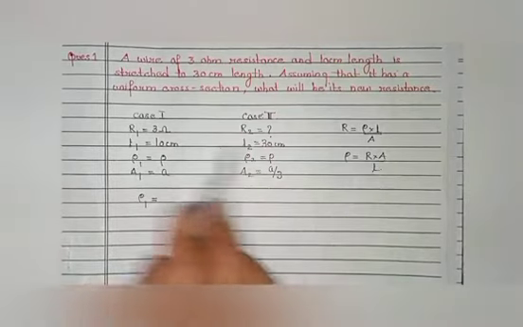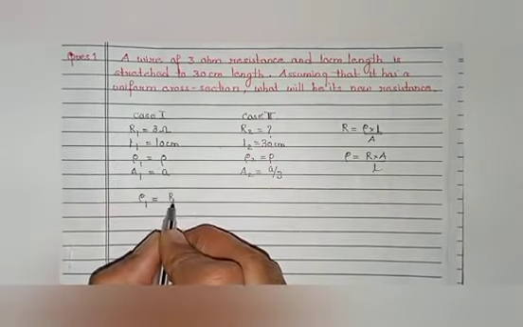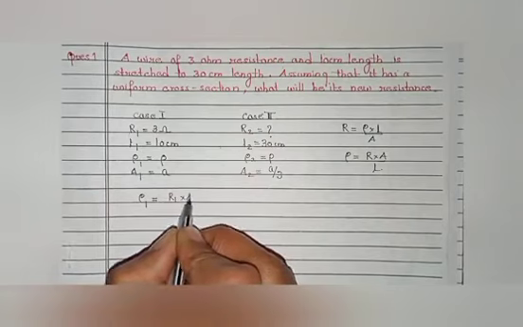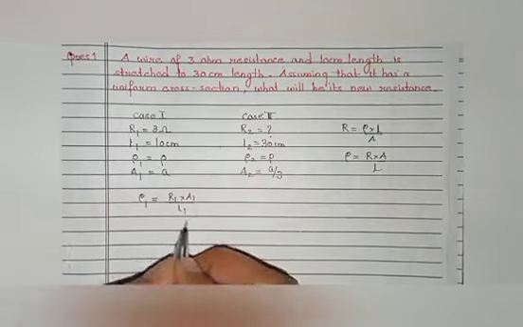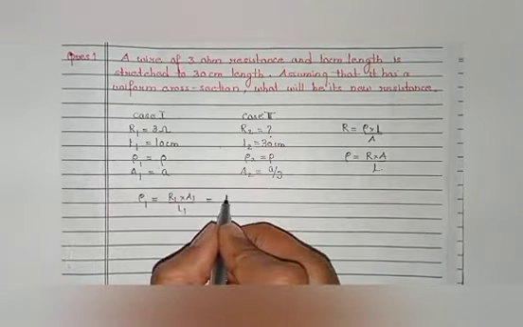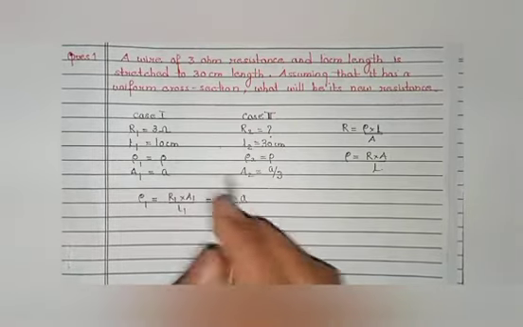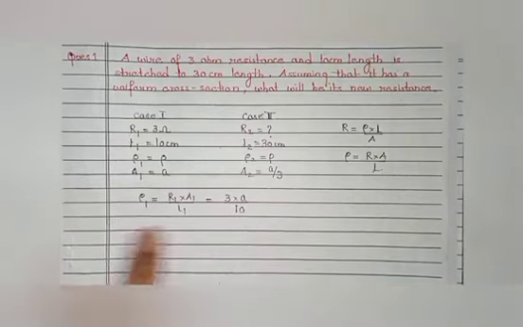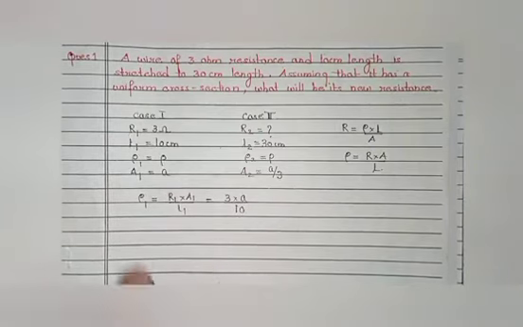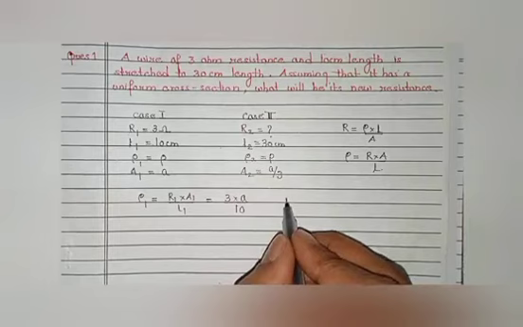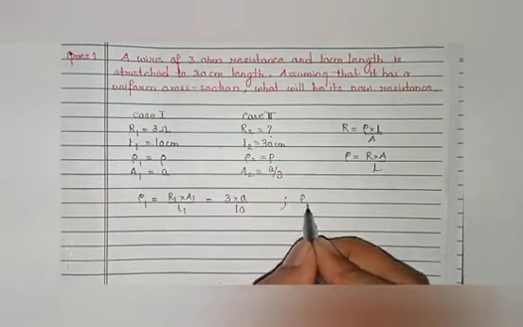So let's calculate the resistivity in case 1 using the formula R into area upon length. Resistance is 3, area we have considered as A, and the length is 10. So we have got resistivity in case 1. Now let us calculate resistivity in case 2.